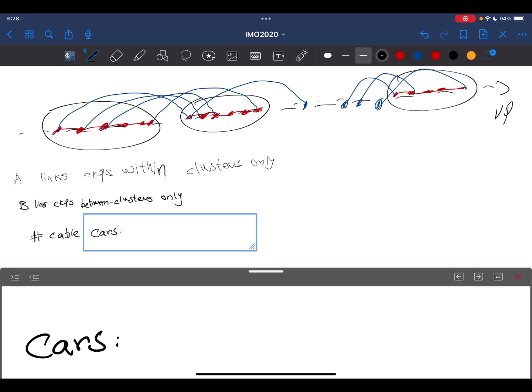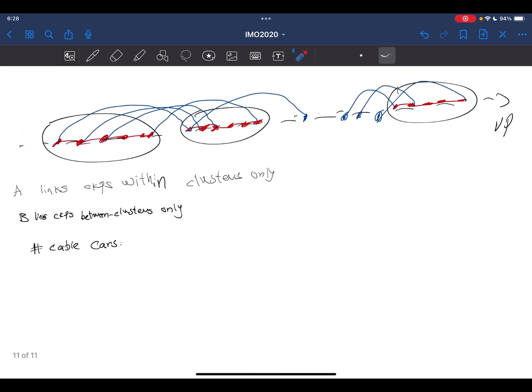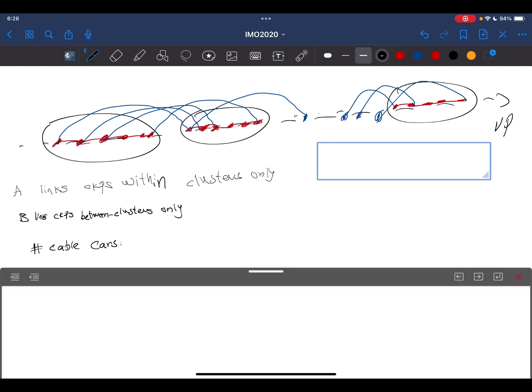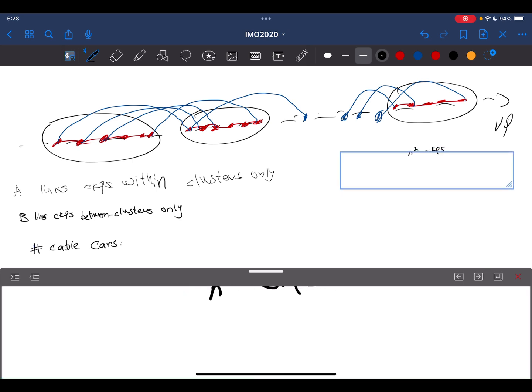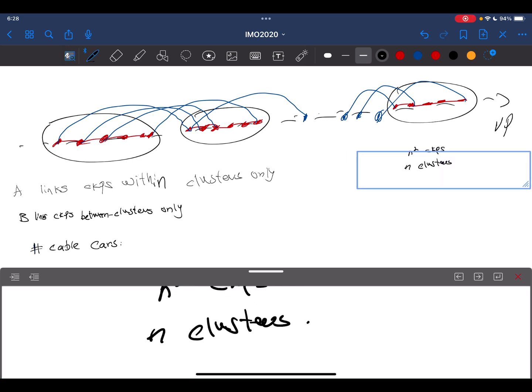I didn't actually say anything about the number of clusters or the size of them. I have n squared checkpoints, right? Let's say divide them into n clusters. Each cluster has n checkpoints each.